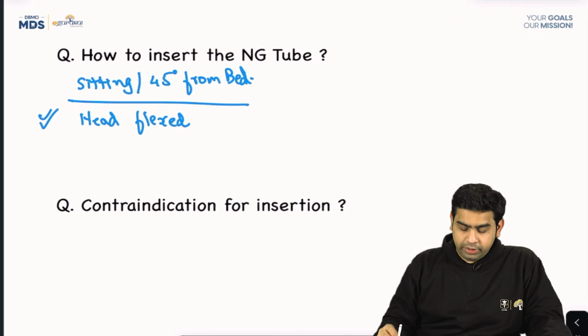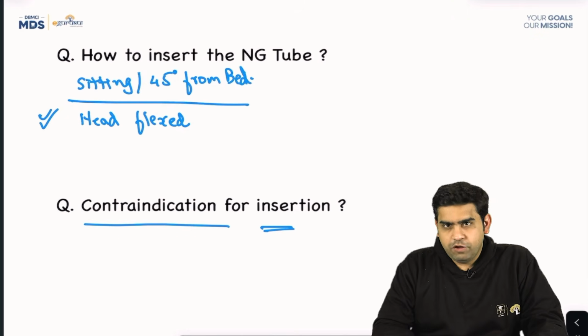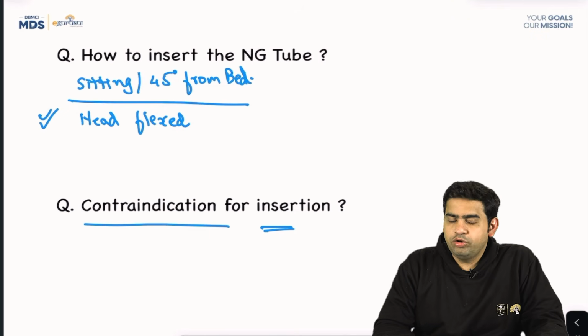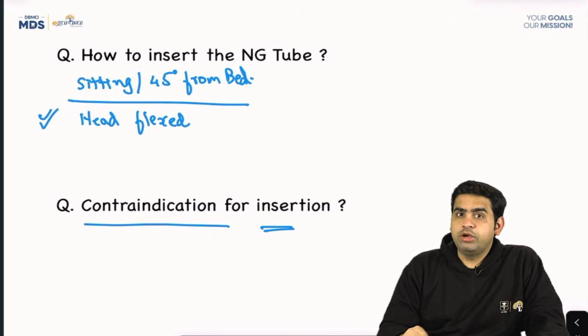Please remember this point. Then, contraindications for insertion. If you have already seen my lectures, you would be able to tell me that if there is a base of the skull fracture, it is absolutely contraindicated.